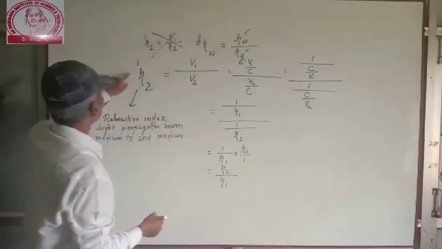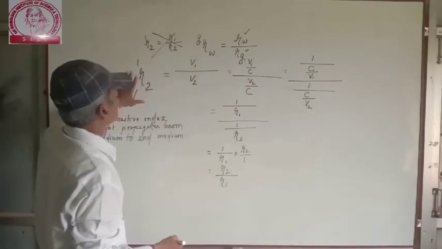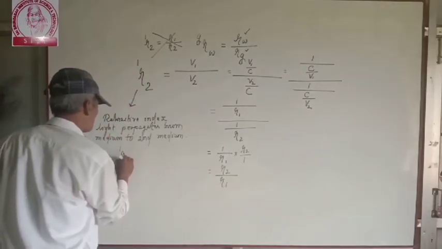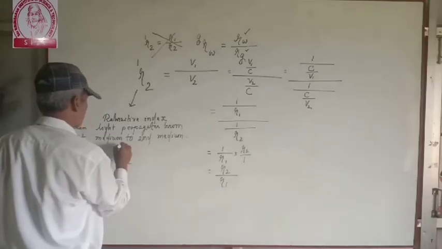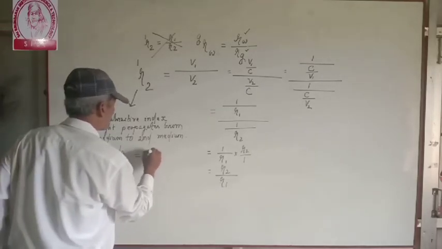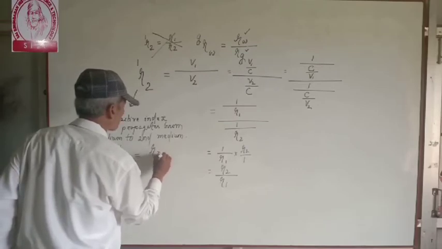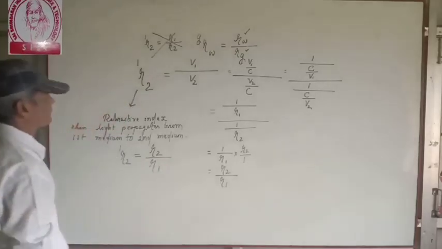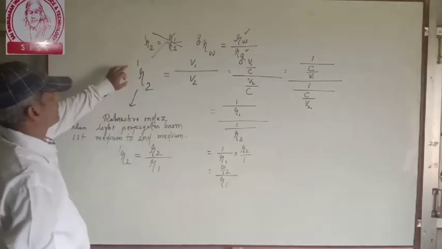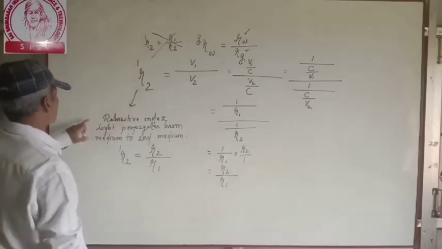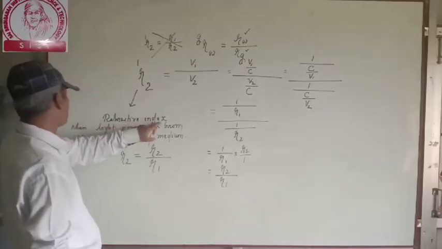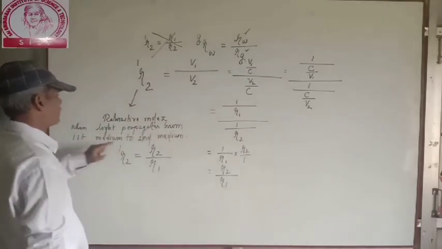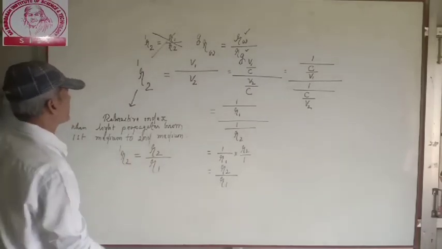So now 1 mu 2, finally we got 1 mu 2 is equal to mu 2 by mu 1. You see, here 1 mu 2 can be expressed as refractive index when light propagates from first medium to second medium.